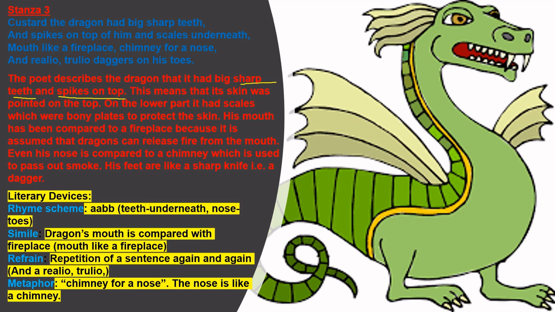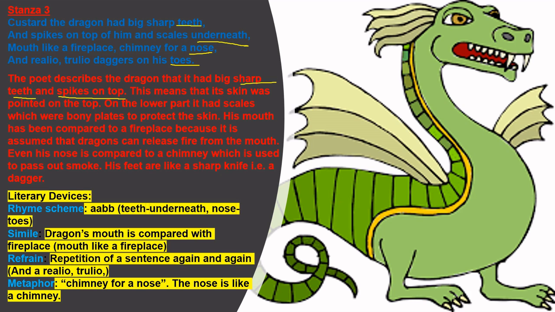Now the literary devices used in this stanza are rhyme scheme, again the same, A, B, B: teeth, underneath, then nose, toes. Then you have simile again used here. The dragon's mouth is compared with a fireplace, mouth like a fireplace. As I told you, it is a comparison using the word like or as. It is known as simile. Then you have refrain.